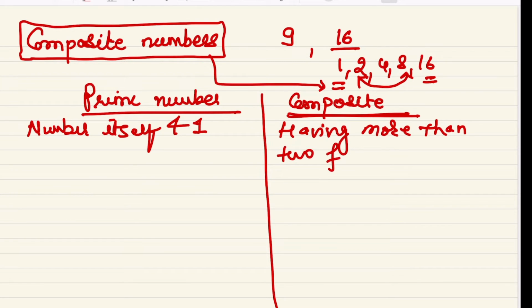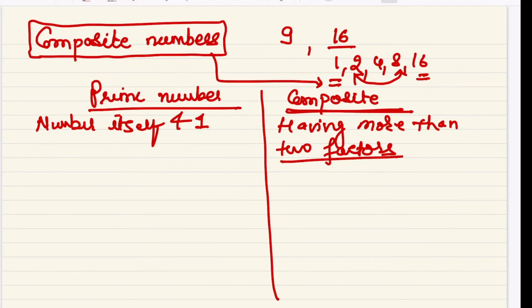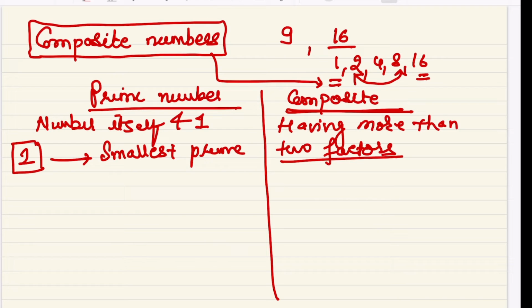The smallest prime number is 2. This is the only even prime number.